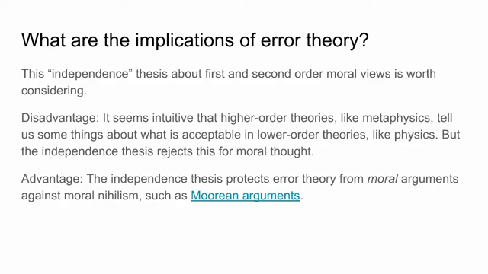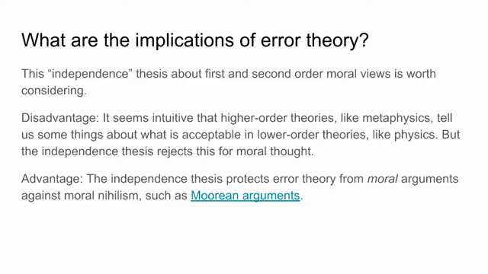I would say there's a disadvantage and an advantage for error theory in pushing this independence thesis, and I'll talk more about them in the following slides. The disadvantage at first seems to be that we would think that higher order theories like metaethics, or metaethical views about what's going on objectively with moral values, tell us something at least about what's acceptable in lower order theories.